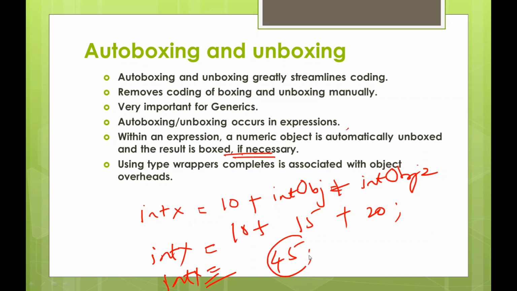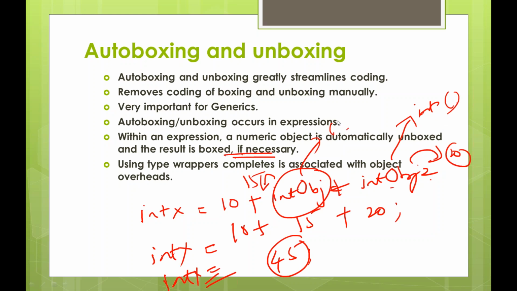What exactly happens here? This object is converted into 15 and this is converted into 20. We are not doing it manually, like obj1.intValue or obj2.intValue. This is done automatically for us. Finally 10 plus 15 plus 20 is calculated and assigned to int x.